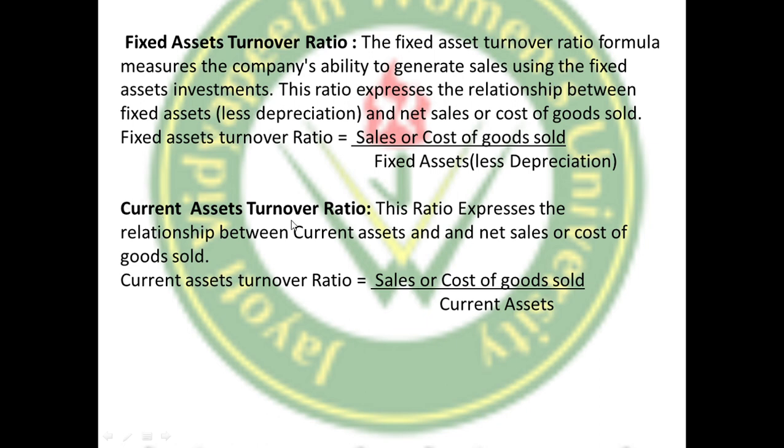Next ratio is current assets turnover ratio. This ratio shows the relationship between current assets and net sales. The formula to calculate current assets turnover ratio is sales or cost of goods sold divided by current assets.